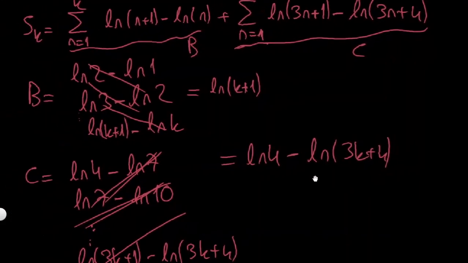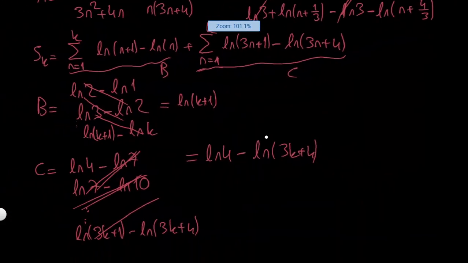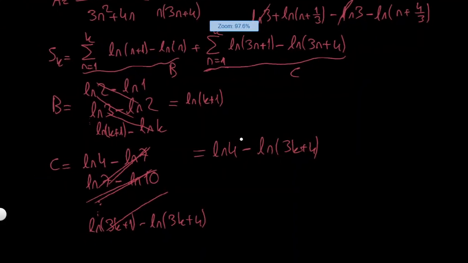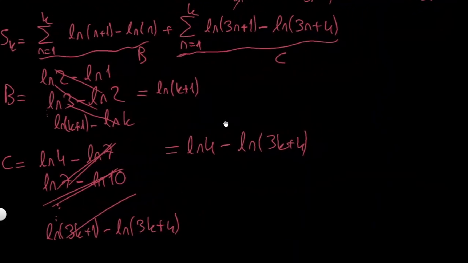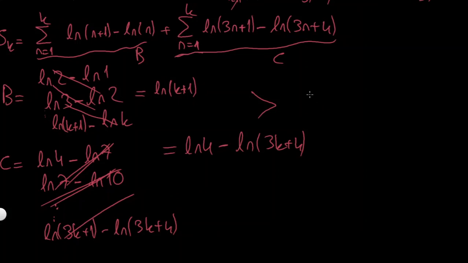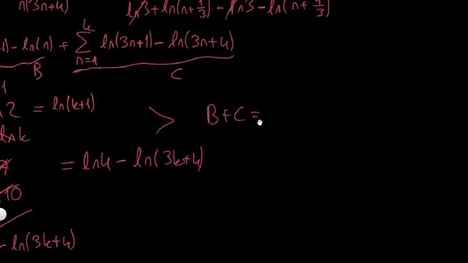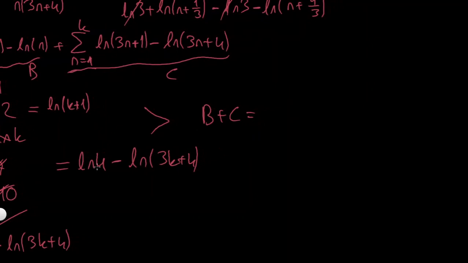And now I can just add b and c. So b plus c is going to be equal to, I'm just adding them, let's multiply everything, ln of 4 times k plus 1 over 3k plus 4.